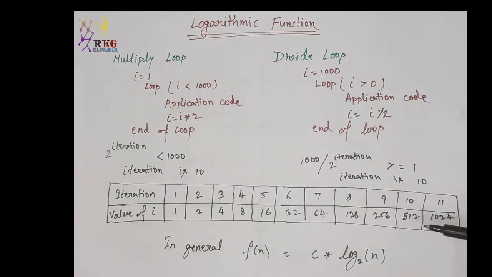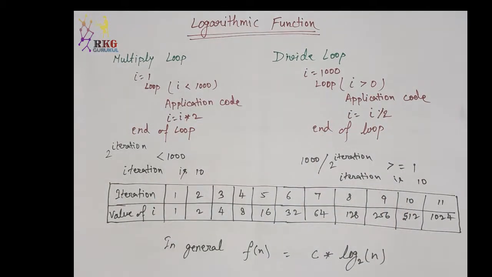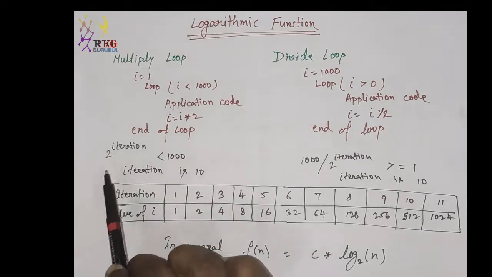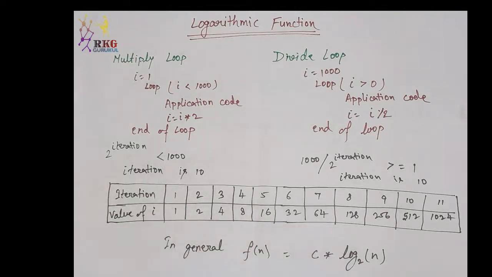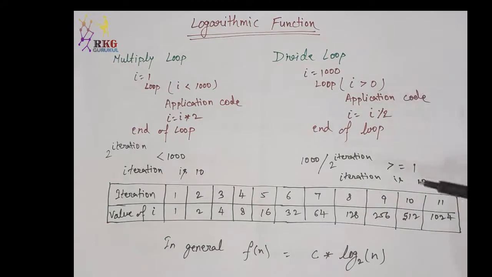In the 10th iteration the value of I should be 512, and in the 11th iteration the value of I is 1024. That means the number of iterations executed by this loop is 10. In this scenario, 2 to the power of iterations should be less than 1000.